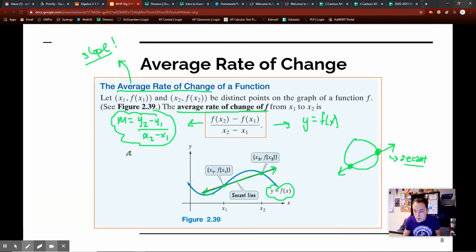Okay, so before you freak out, I'm going to show you some problems that we're going to do using this formula. And then we're going to go back to this graph. The first thing we're going to do is use the formula. The second thing is to see how it affects this graph. What's actually happening here?